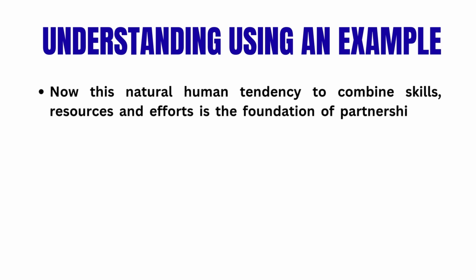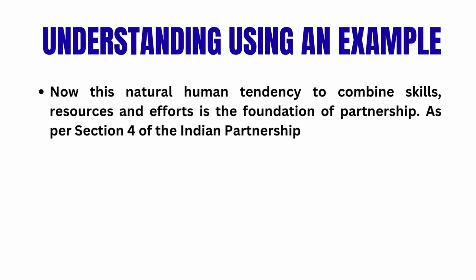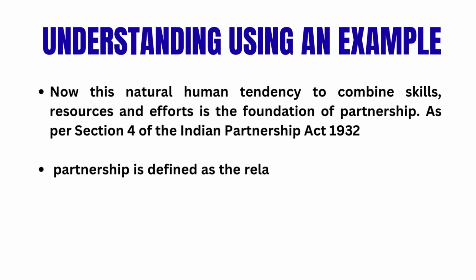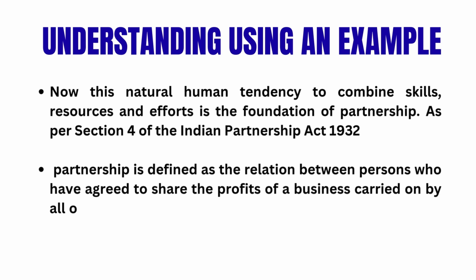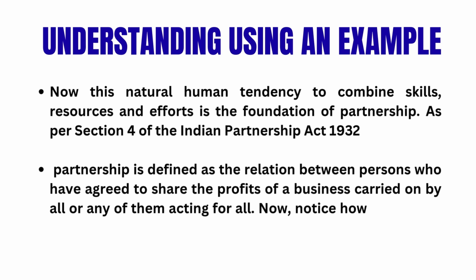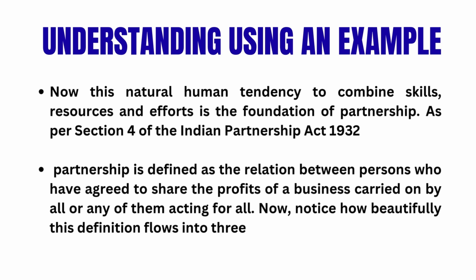Okay? Now, as per Section 4 of the Indian Partnership Act 1932, partnership is defined as the relation between persons who have agreed to share the profits of a business carried on by all or any of them acting for all. Notice how beautifully this definition flows into three important ideas.